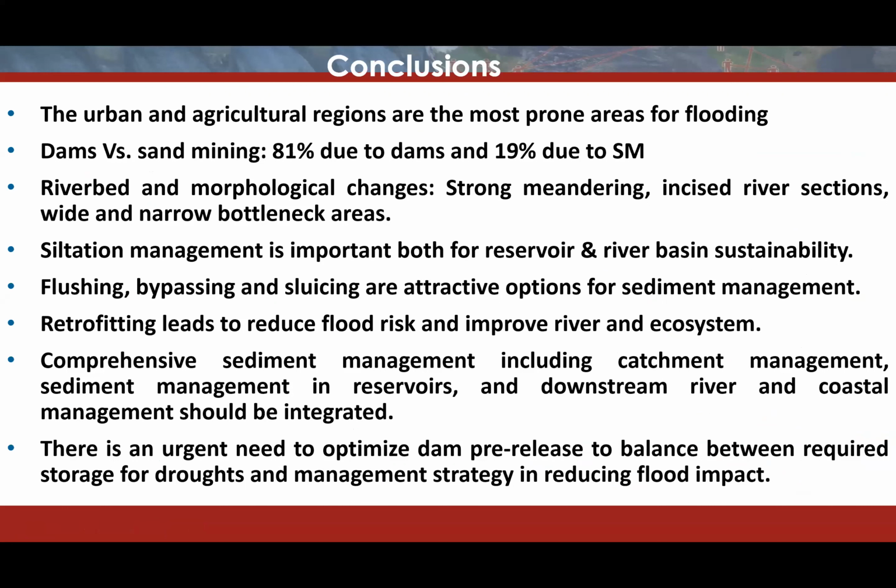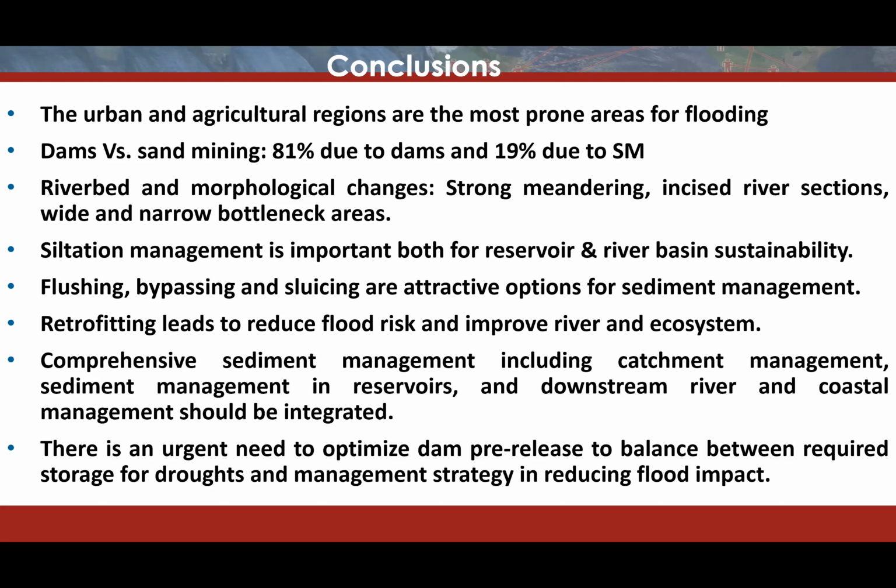So finally, as a conclusion, the urban and agricultural regions are the most prone areas for flooding, as we saw. So many dams and sand mining, very high probability due to these human activities.